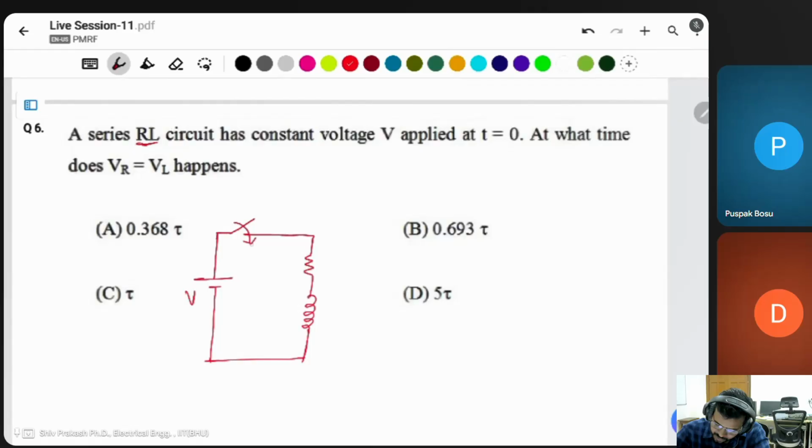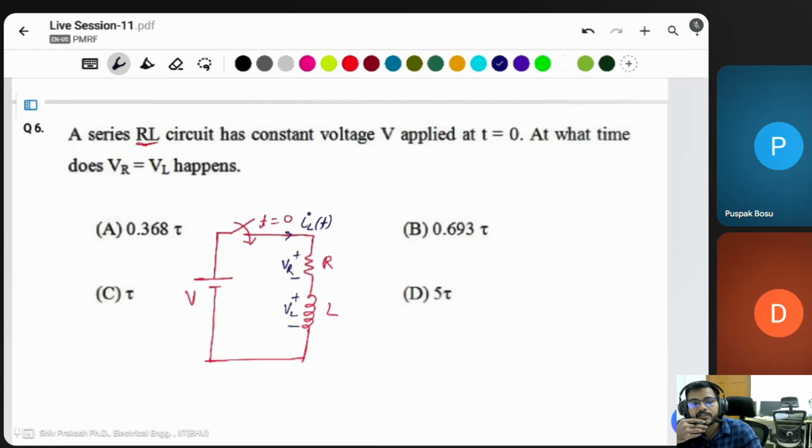The switch is closed at t is equal to 0. This is R, L, and this is the voltage VR. Suppose current is flowing as IL. This is the circuit.